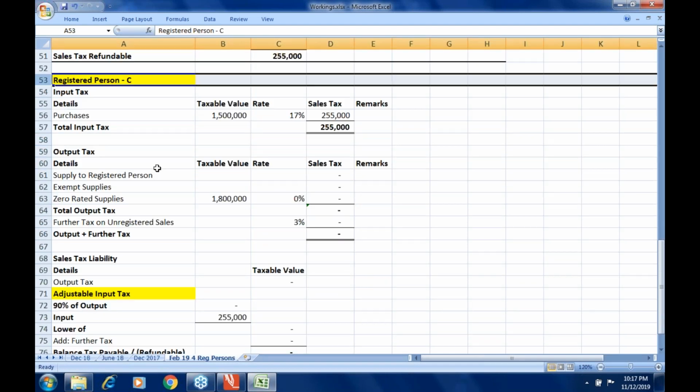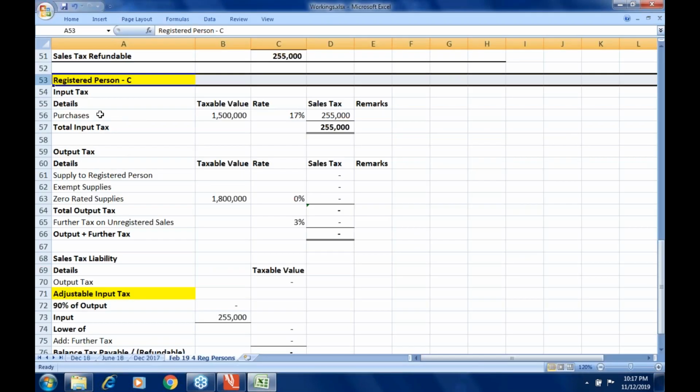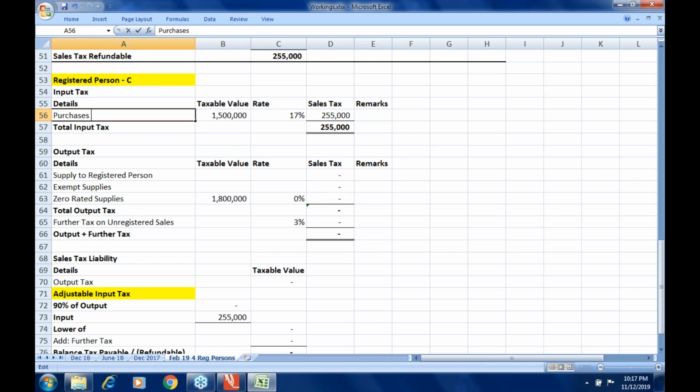Let's try to understand. For the registered person C, we have got taxable supplies from unregistered person. So purchases from unregistered person. What is going to happen is you will not be charged input tax. No input tax is chargeable by unregistered person.